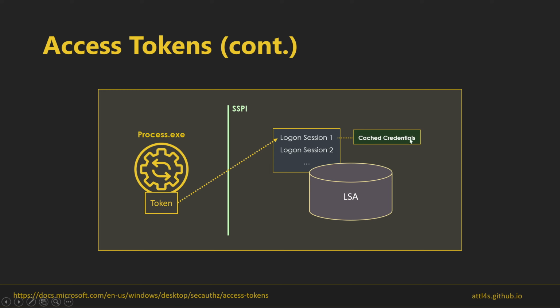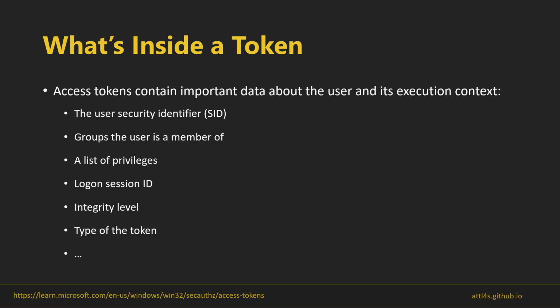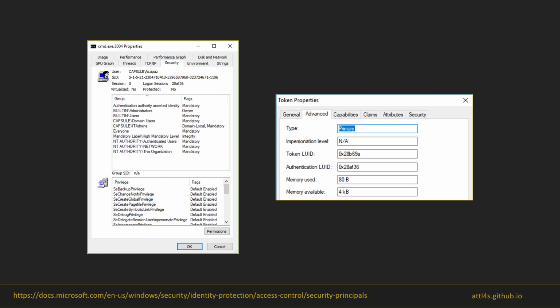If it is a result of an interactive authentication, it will probably have cached credentials, right? So what information can we find within a token? We can find information such as the security identifier of the user, groups the user is a member of, a list of privileges, the Logon session ID, the integrity level of the process, the type of the token.